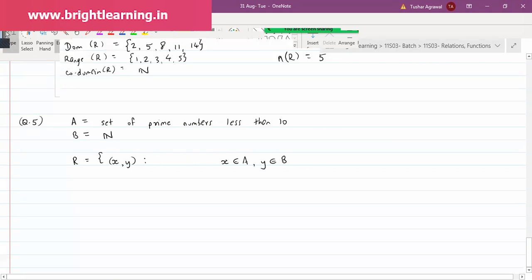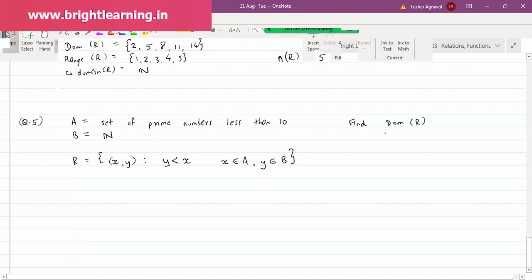X belongs to A, Y belongs to B, and the condition is given. Find domain, codomain, and range, and find cardinality.